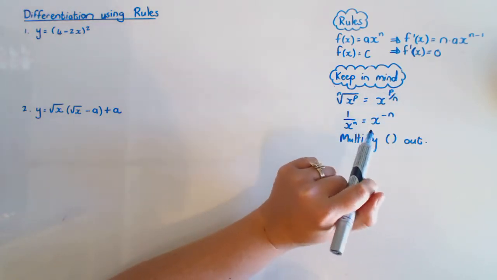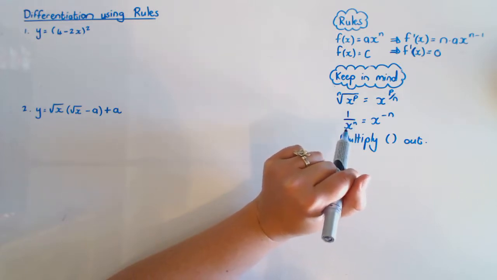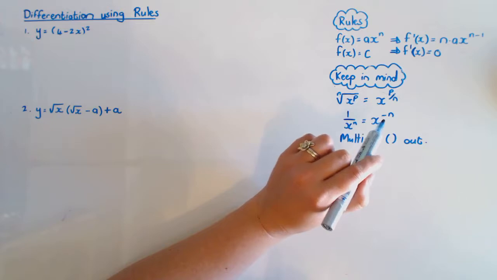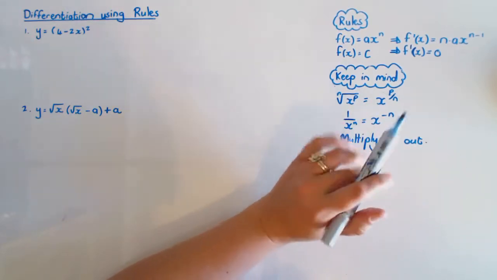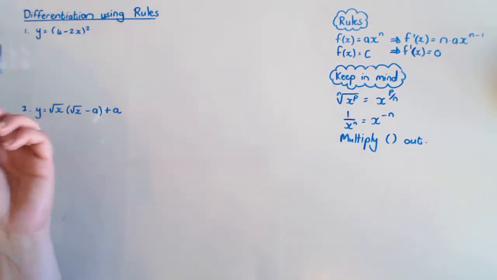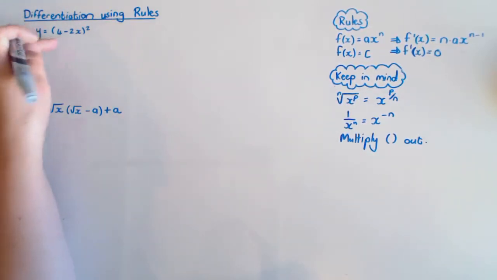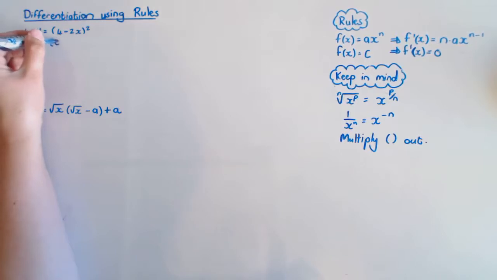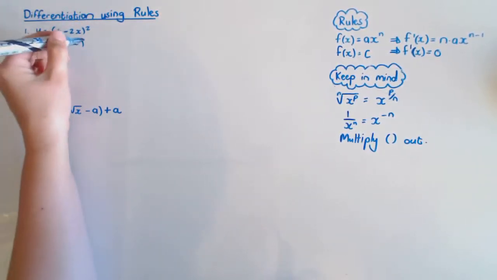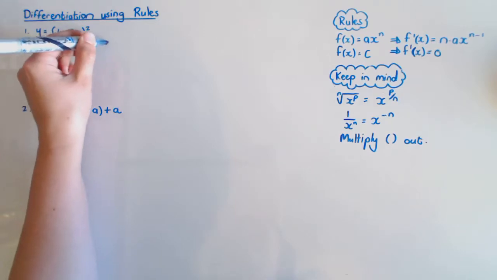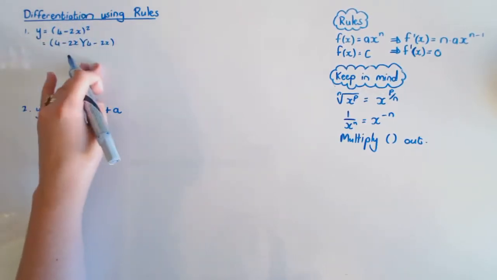Then the whole base with exponent under the line, I can take to the top by making the exponent negative, and if you have brackets, just multiply them out. I'm going to start with this one, so I'm going to multiply the brackets out. Please don't just square both these terms. You must actually write the bracket twice and multiply this out.